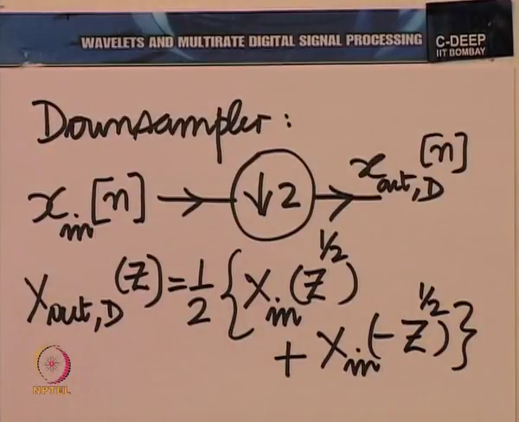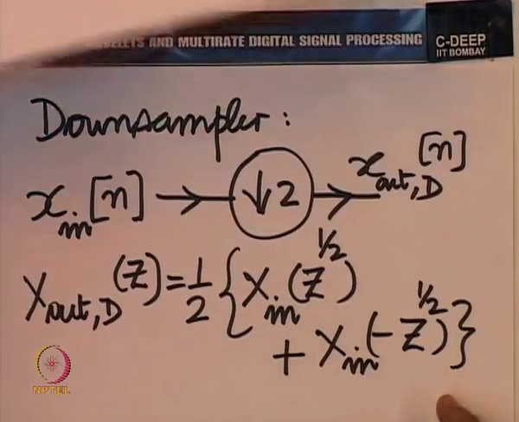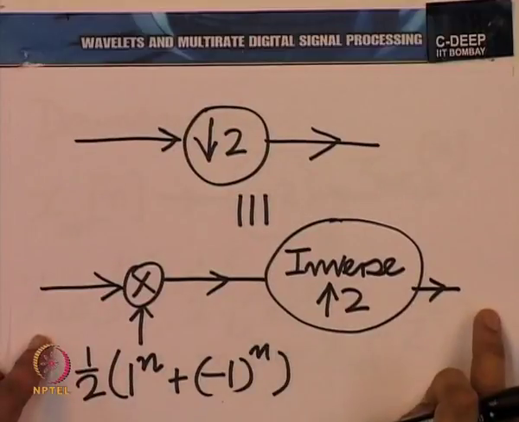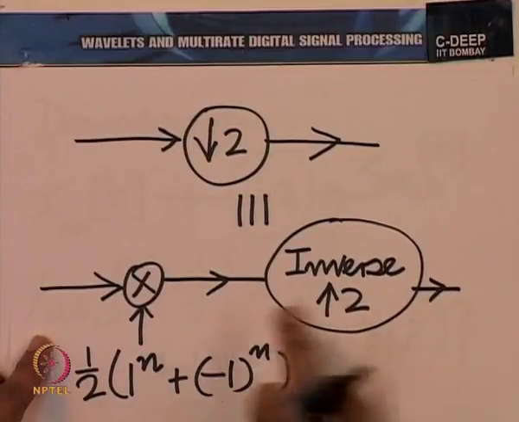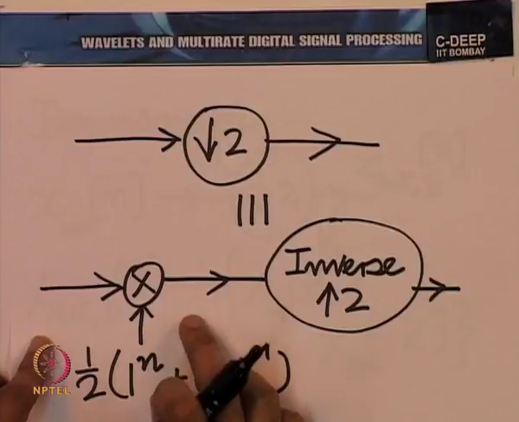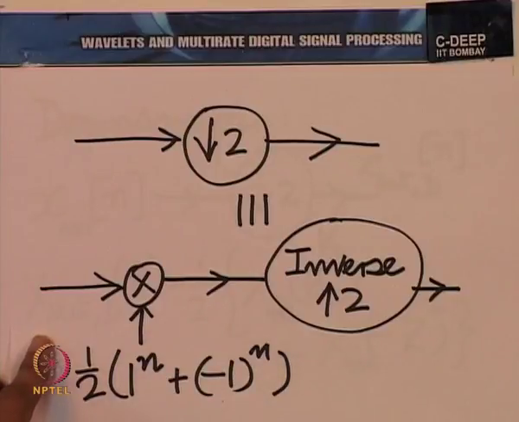We had derived this towards the end of the previous lecture. And of course, if you did not wish to go beyond the inverse upsampler at this point, instead of z raised to the power half, you would simply have z.